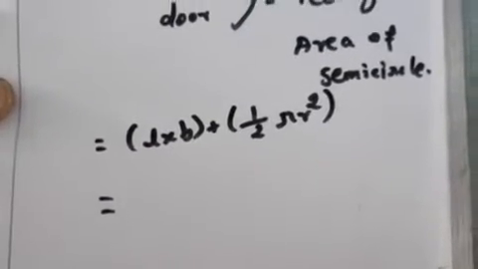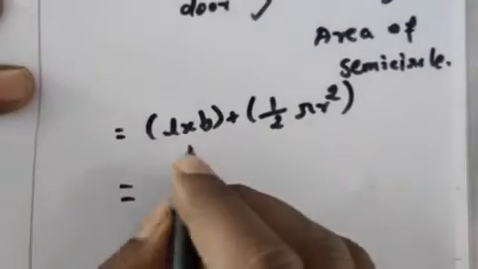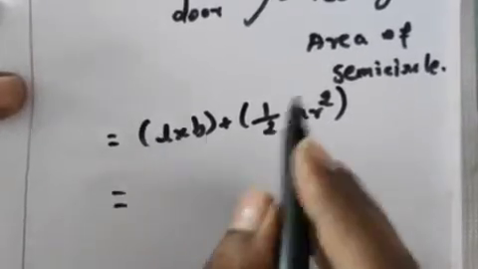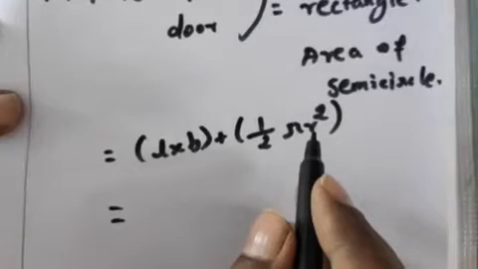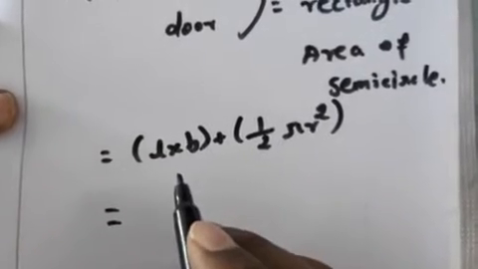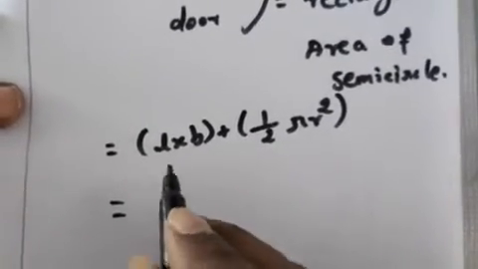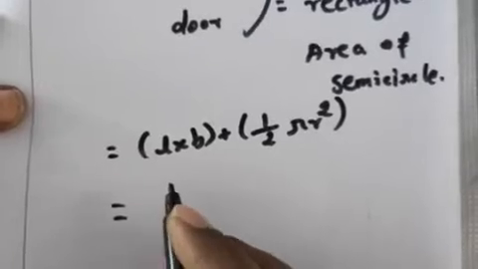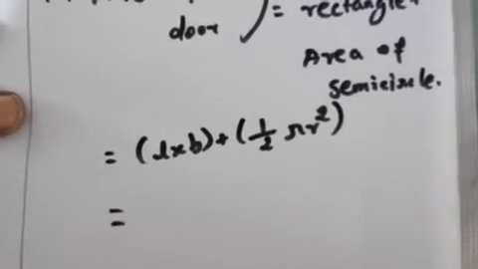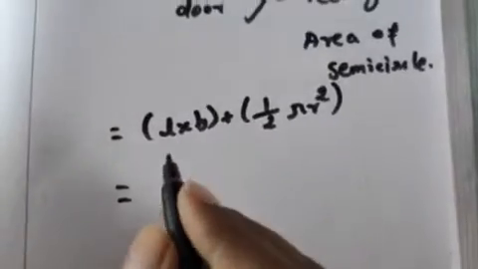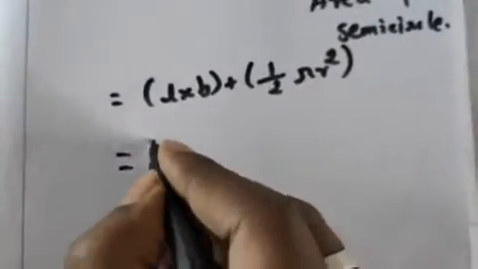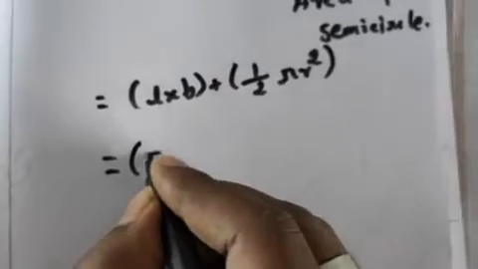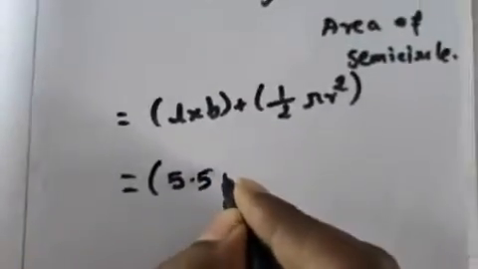Here now we have found L also. Now we have the required formula, area of the rectangle plus area of the semicircle. Now we have to substitute the values of L and B. The value of L is 5.5.